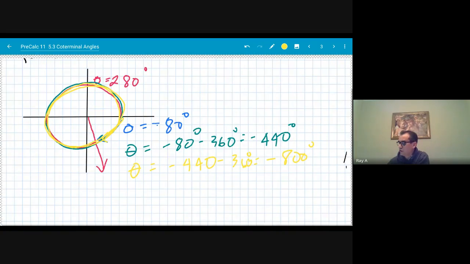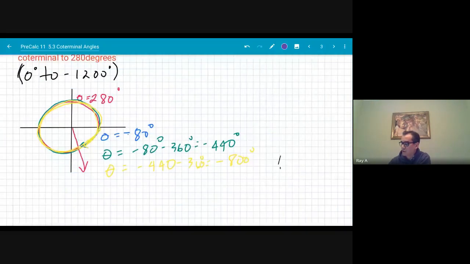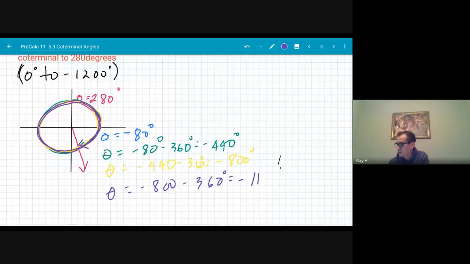So let's see, can we have another one? Let's try this color here. Do it again, 360, 720, 1080, and there you go. This next one is negative 800 minus 360, which is equal to negative 1160.